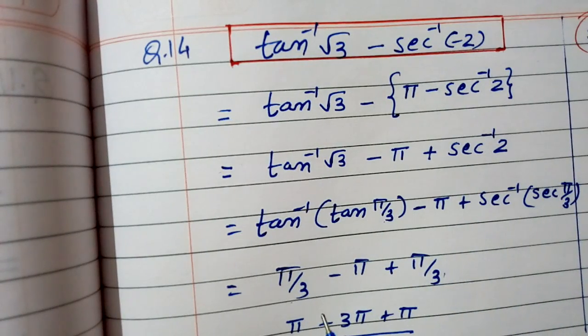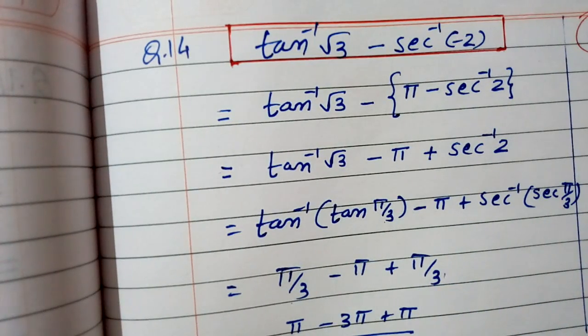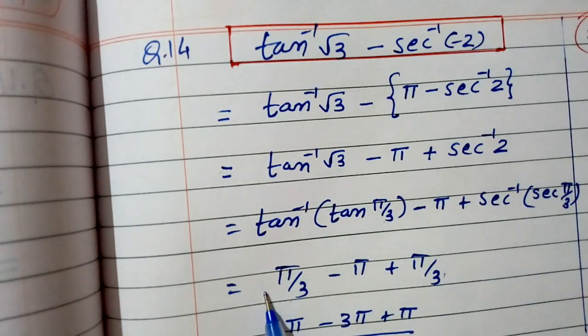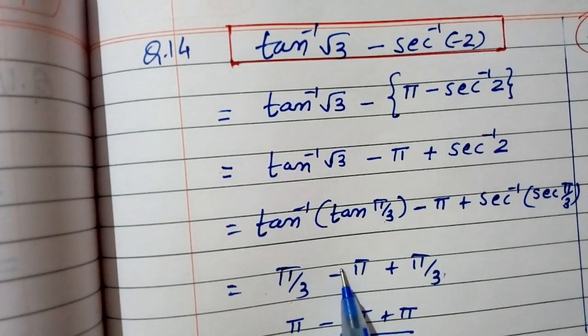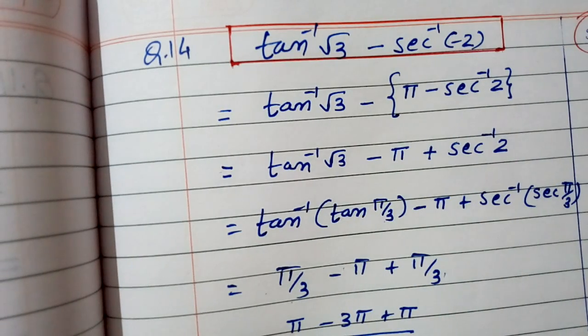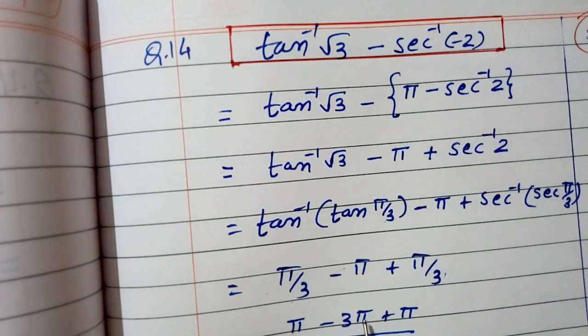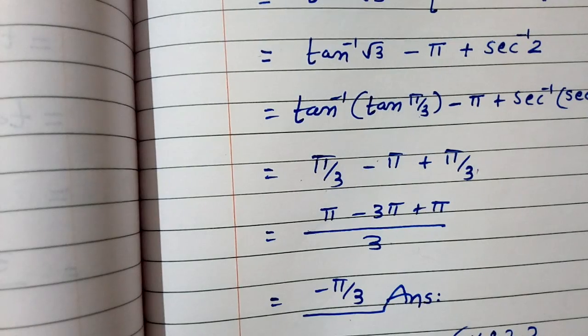Here we are getting the LCM of the denominators 3. We put 3 multiplied here, we are getting 1 pi, 3 multiplied here, we are getting 3 pi, minus 3 pi plus pi. So pi plus pi, 2 pi minus 3 pi, it is minus pi upon 3, that is our last answer.